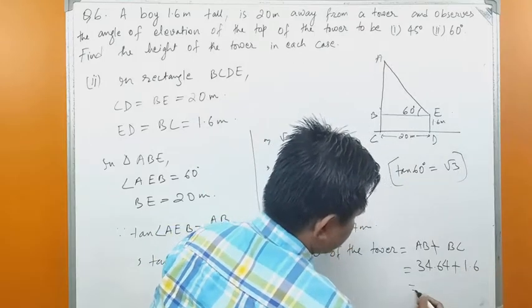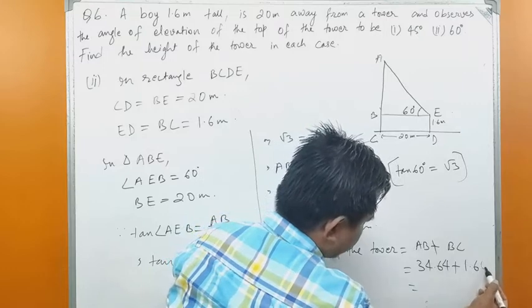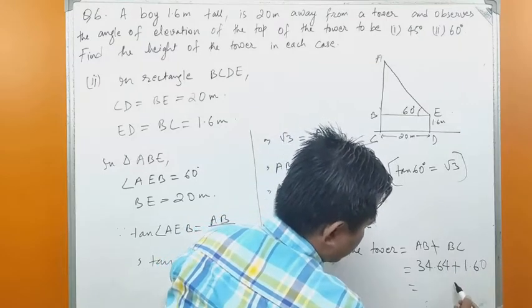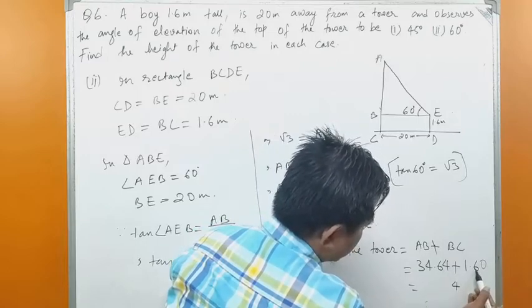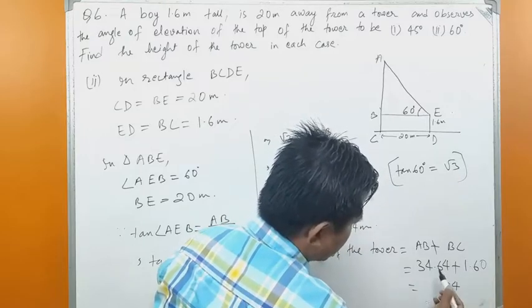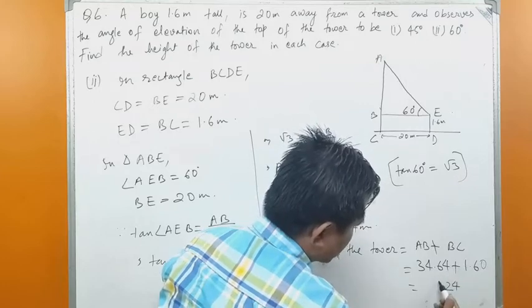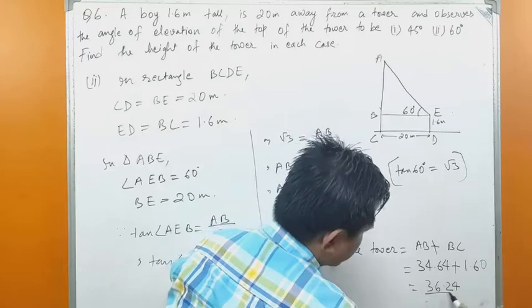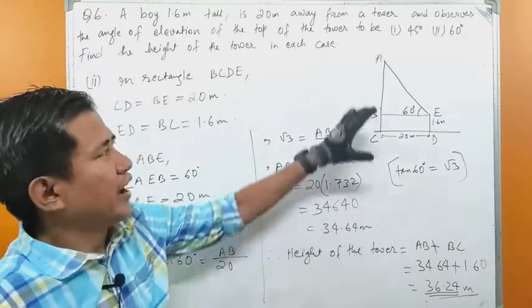Now we just add this. We can add 0 here after the decimal point. 0 has no value, so 4 plus 0 is 4. 6 plus 6 is 12. 12 means 2, I write 2, 1 in hand, decimal point. 4 plus 1 is 5, plus 1 is 6. This 3 becomes 3, isn't it? 36.24 meter. So this is the height of the tower.